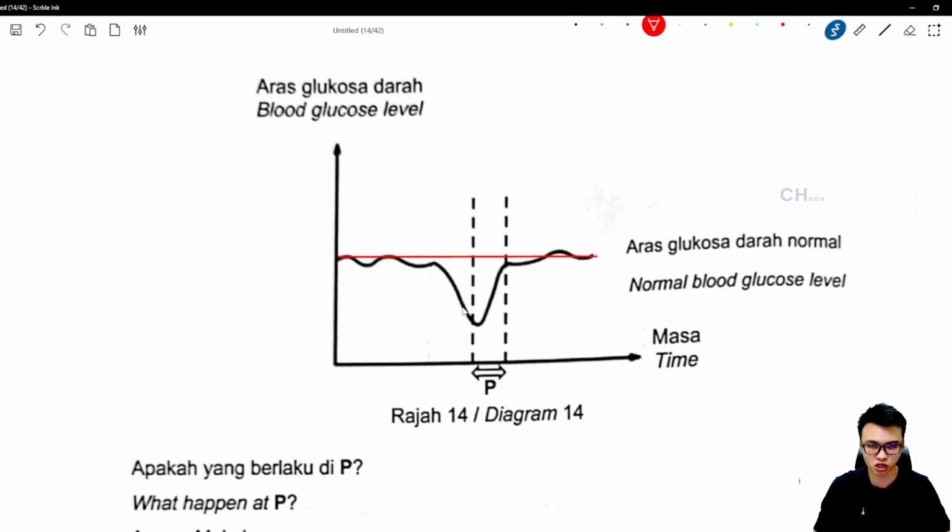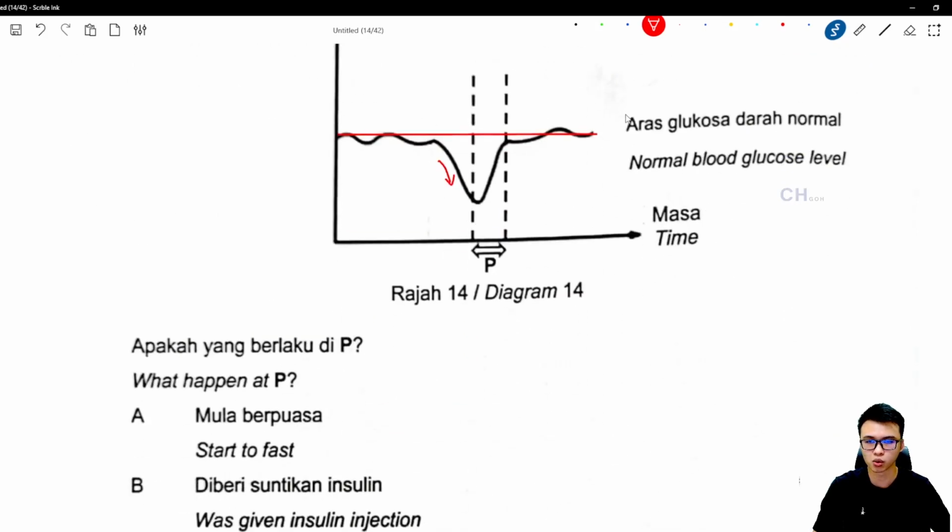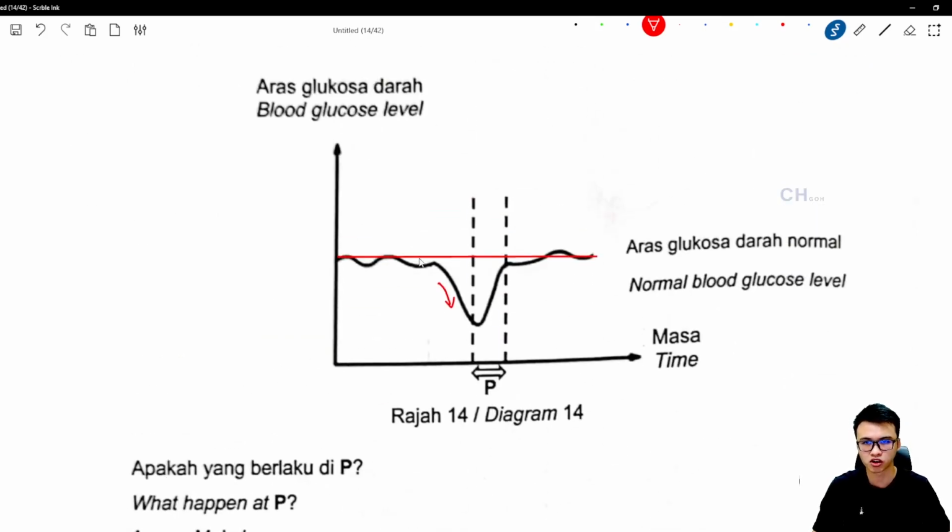If we have a sudden drop, our body is able to bring it back to the normal blood glucose level. So you look at this lady. This lady has a very sharp drop of blood glucose level, but in stage B, we do something to her body. So we increase back the blood glucose level. This is what we want.